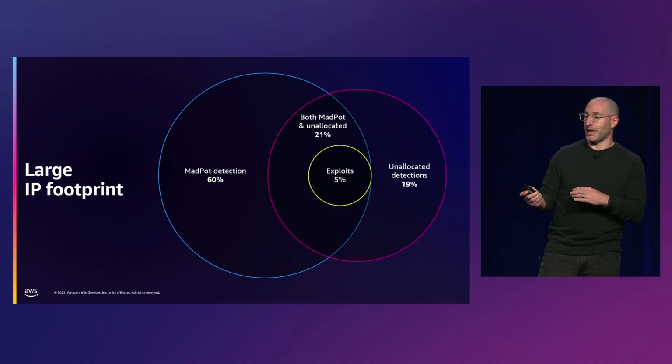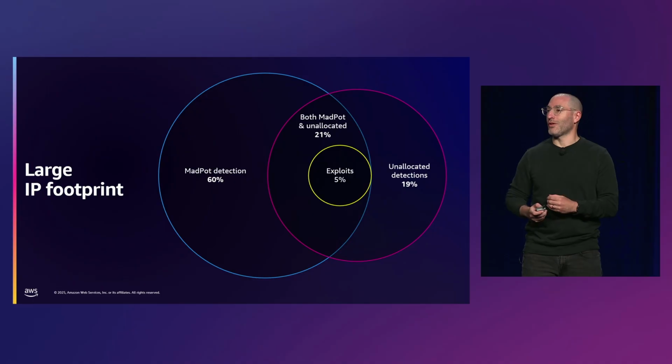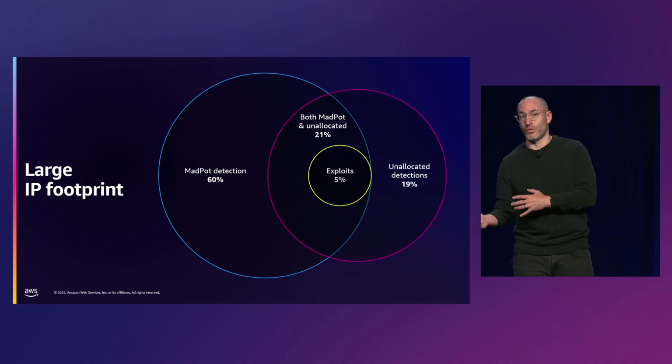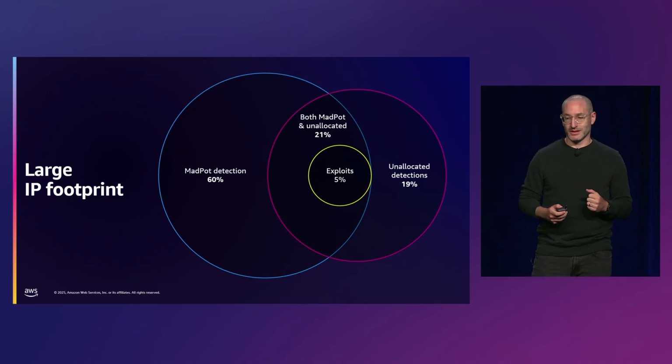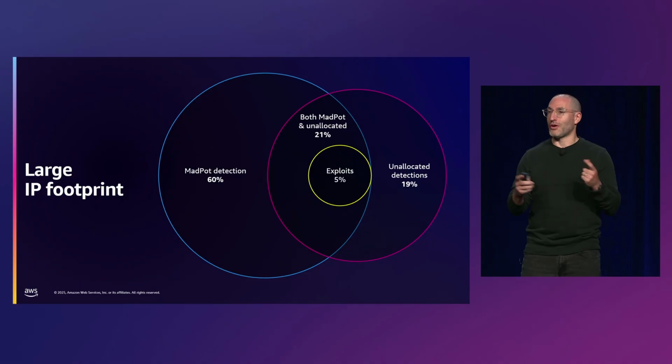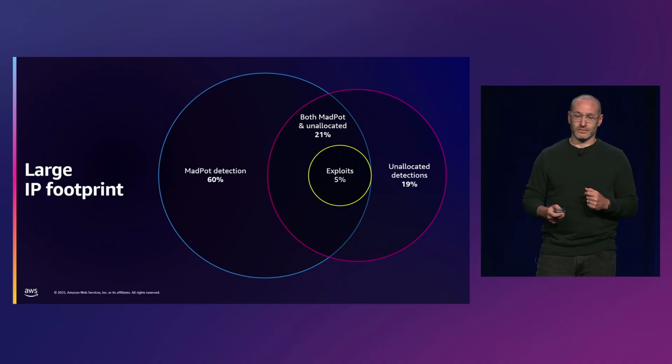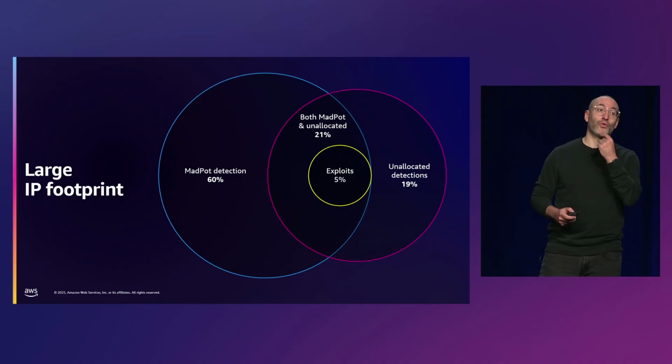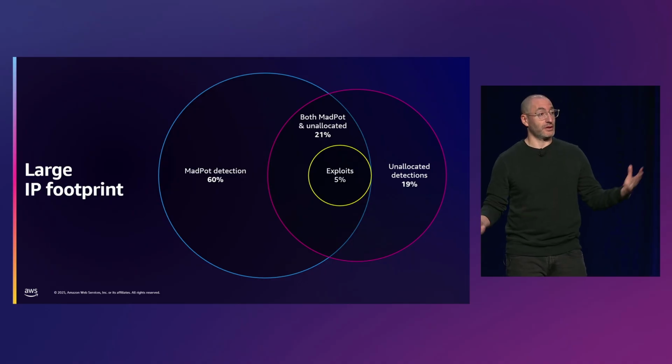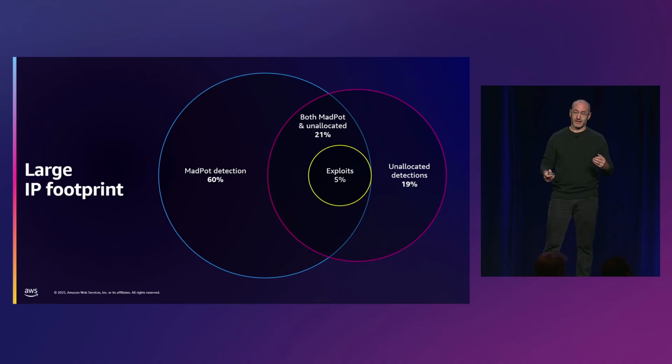On the right-hand side, in the pink circle, is everything that we see interacting with our unallocated IP space. You'll see there's a big overlap between those two, about 21% of what we see coming into our network hitting these sources.